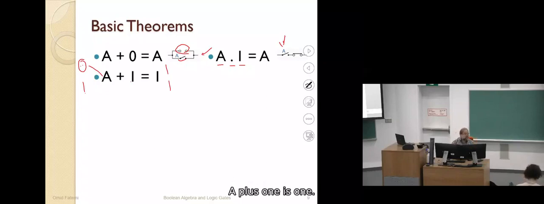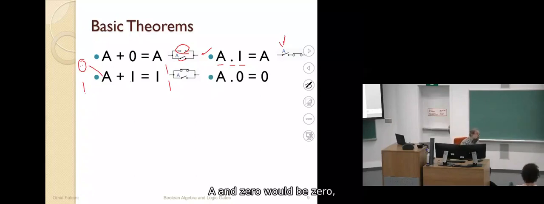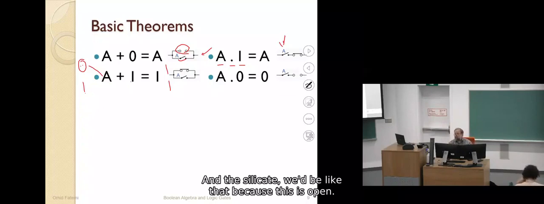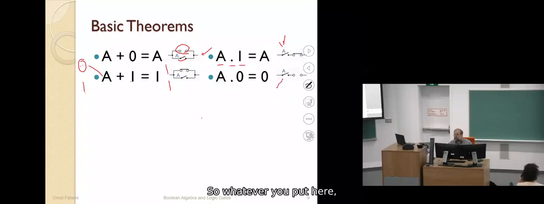A plus 1 is 1. And you could write the dual like this. A and 0 would be 0. Whatever you have, and you AND it with 0, the result would be 0. And the circuit would be like that because this is open. Whatever you put here, it doesn't turn on the lights, and it is always 0.